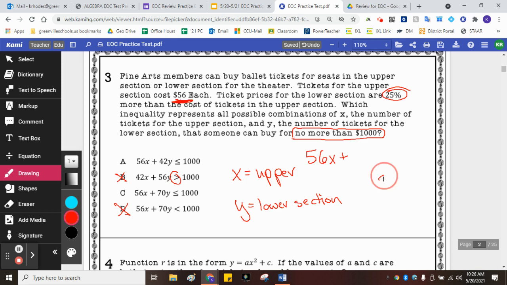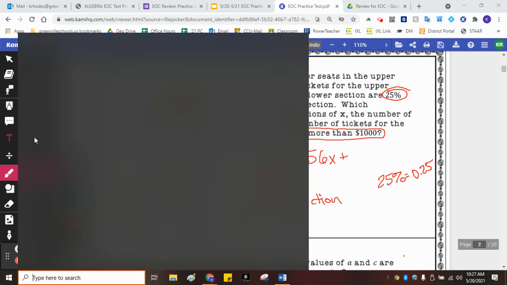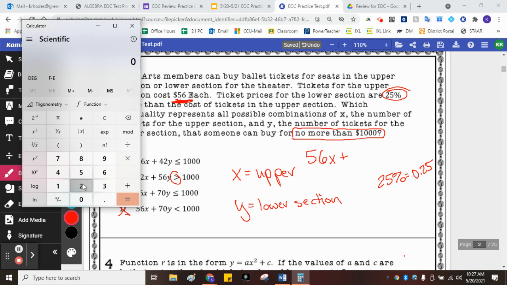Turn it into a decimal. So you have 25% as a decimal. The easiest way I've been told, everyone always tells you move the decimal 2 places to the left. So it's 0.25. Somebody just told me you can divide by 100 and it'll always get the right thing. If you divide by 100, you're getting the same answer, but that way you know your decimal place is in the right spot.